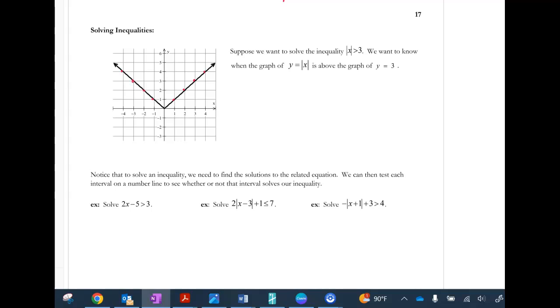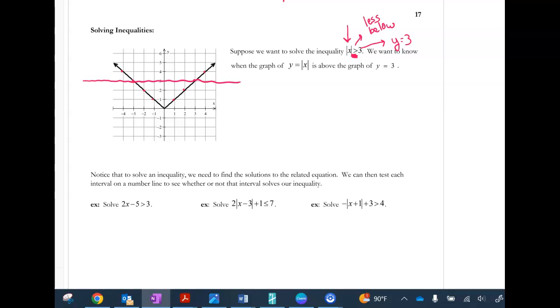And then this says we want to solve the inequality where I want to focus on the part of the absolute value graph that is less than, or below, this y equals 3. So let's put the y equals 3. And then again, this is saying I want to be not below.